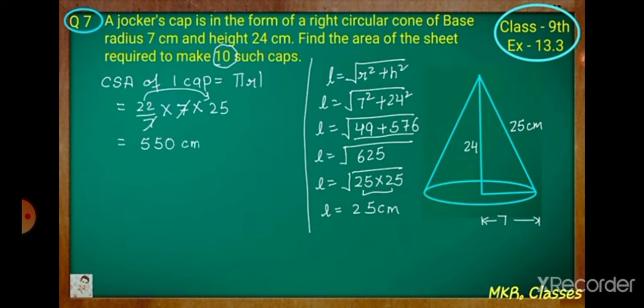So it's 550 centimeter square for one cap. Now the area of the sheet required for 10 caps is equal to 550 into 10, which is 5500 centimeter square.